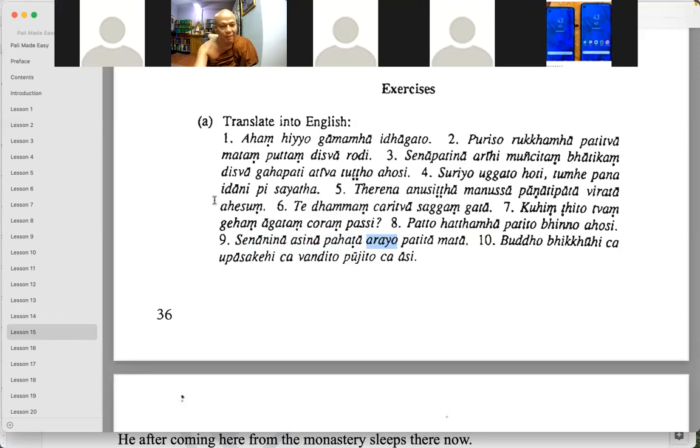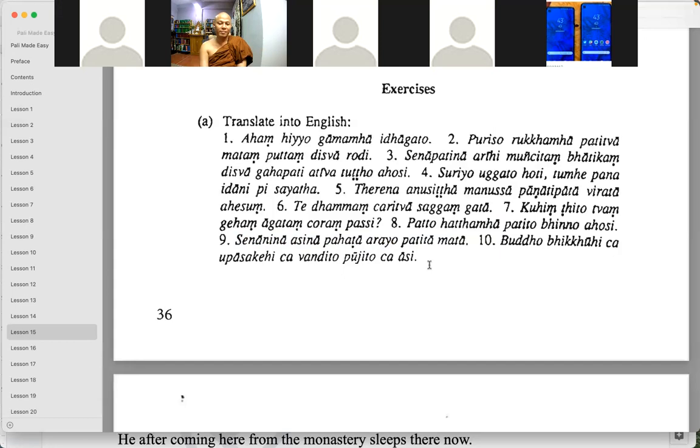Okay, Salinyana, go and see. Bante, I try. Of course. Senanina, Asina, Pahata, Arayo, Patita, Mata. The enemies, arayo, is the subject.